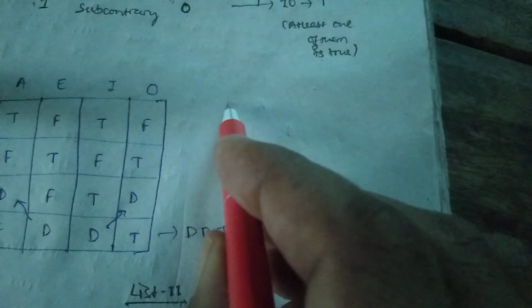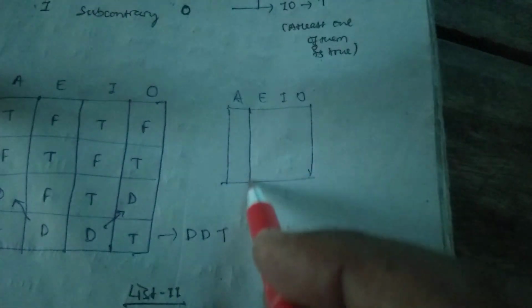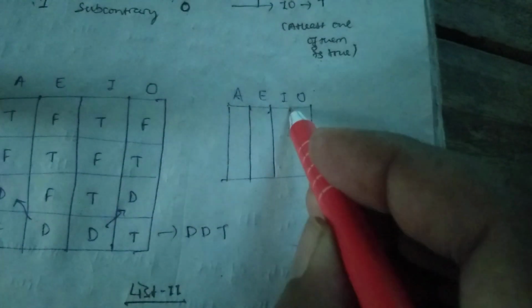How are we going to make this? Here you see, this is the box: A, E, I and O. Now we are going to make the box in this way.